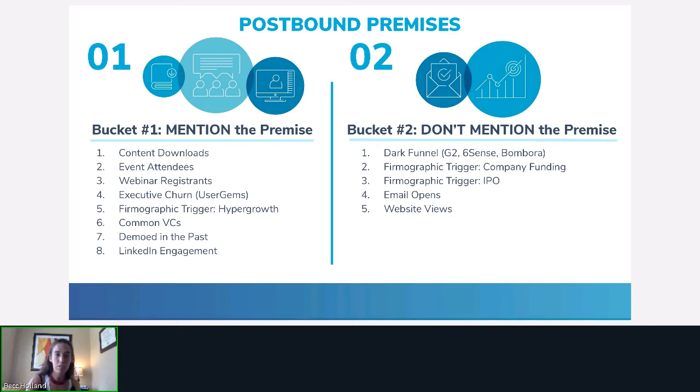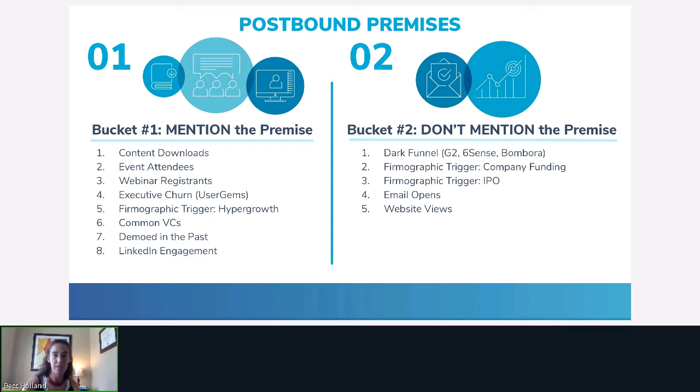In this second portion, we actually don't mention what the trigger is. A couple examples here are company funding or website view. So a lot of people could get creeped out if you know that they've been looking at your website. So we go ahead and we take it as a trigger that this person is probably more likely to buy, but we don't actually mention it for context.